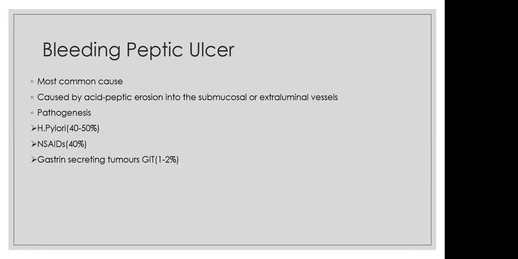A bleeding peptic ulcer is the most common cause in adults for upper GI bleeding. Important in the pathogenesis is Helicobacter pylori, which contributes 40 to 50% in the etiology, as well as NSAIDs, 40%. The less common gastrin secreting tumors, like the Zollinger-Ellison syndrome, are about 1 to 2%.